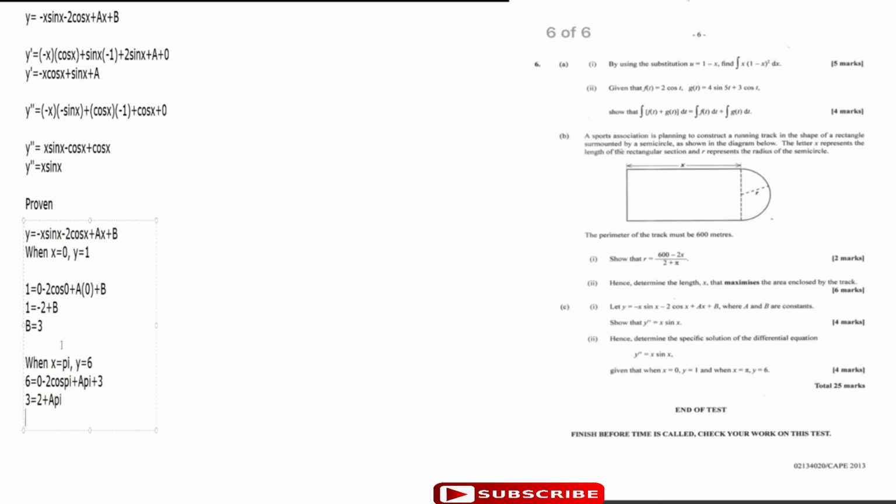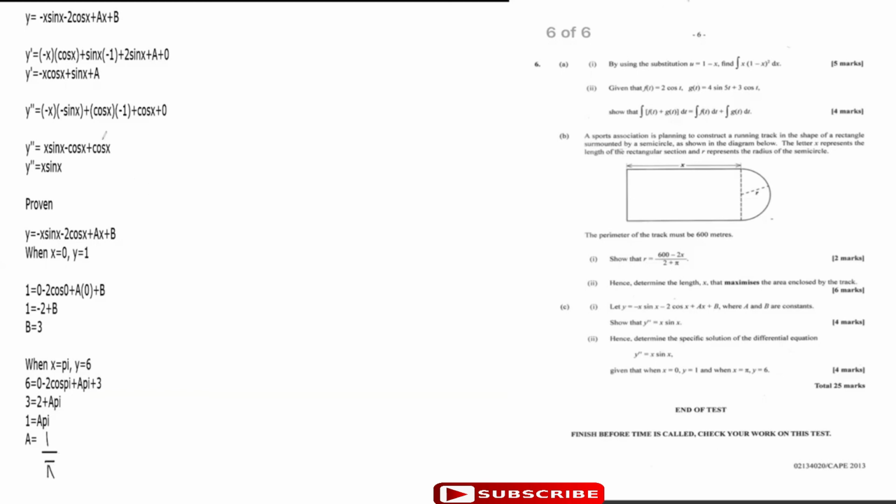So subtract 2 first, so 1 is equal to a times pi, and then divide both sides by pi, and so a is equal to 1 over pi.